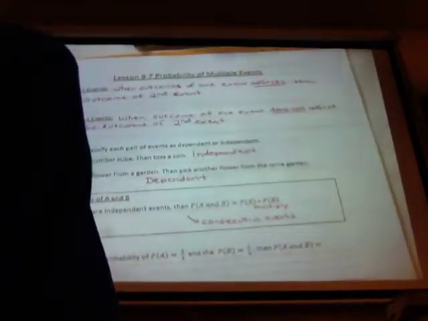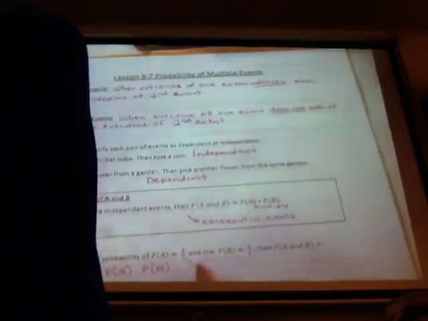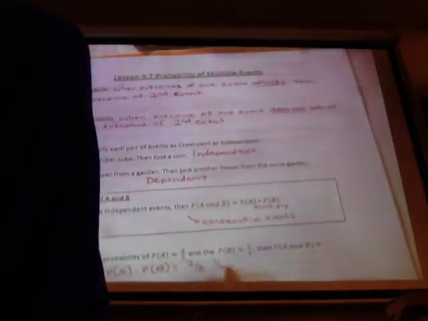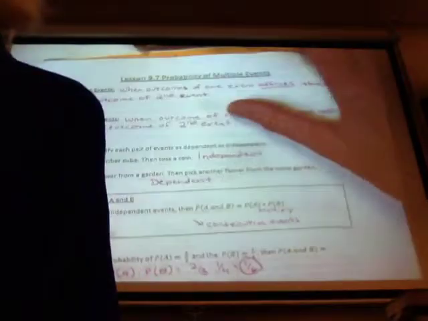So if the probability of A is 2/3 and the probability of B is 1/4, then the probability of A and B is the probability of A times the probability of B. So all you do is 2/3 times 1/4, which is 1/6. Pretty basic, right? Straightforward.